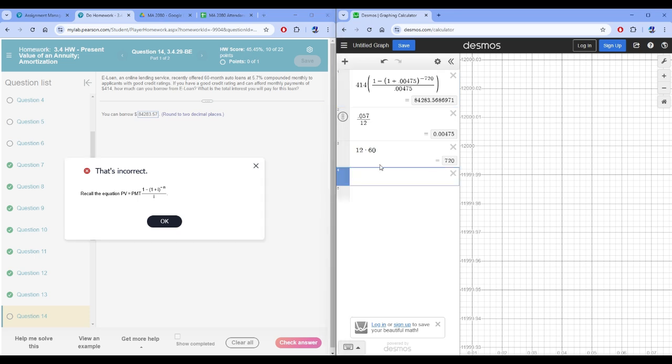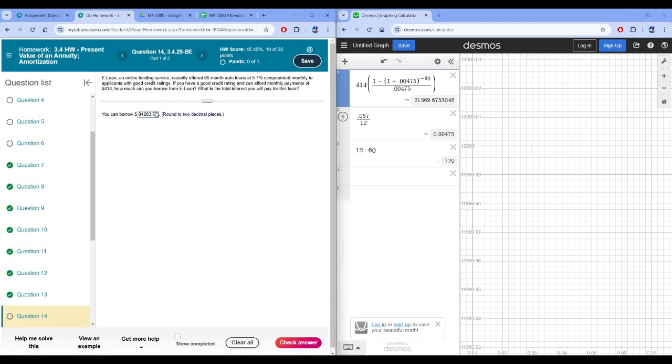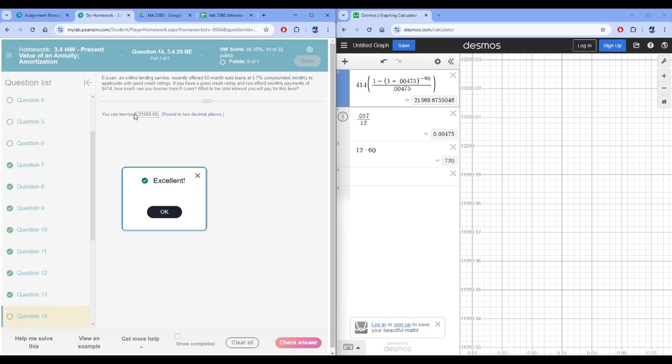Oh my god. No, that's just 60. It's 60 months, not 60 years. So that should be there. That's much better. Alright, let's check that. Plug it in. $21,569.68. There we go.